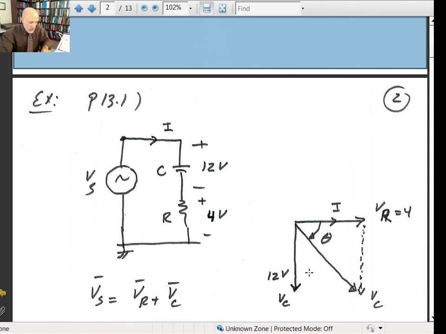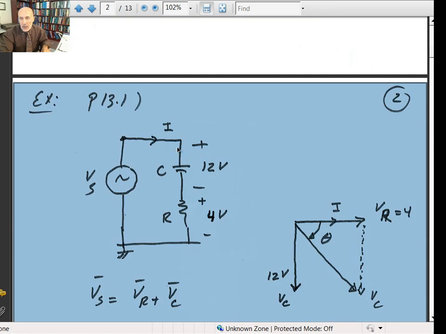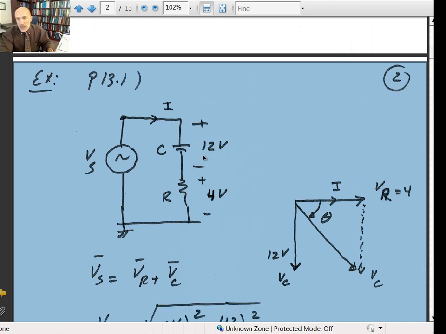It says the component voltages are shown. So you have a simple RC circuit here. You measure the voltage with the voltmeters, and the RMS value for the voltage across the capacitor is 12 volts. The voltage across the resistor is 4 volts. We're using an AC voltmeter to determine the magnitude and phase angle of the voltage V of S. You use Kirchhoff's voltage law, which says it will be equal to the voltage across the resistor plus the voltage across the cap.